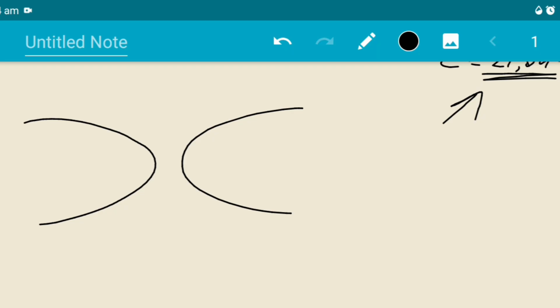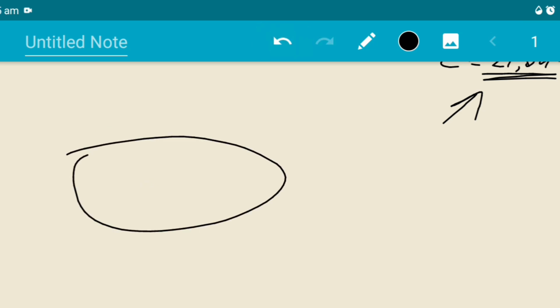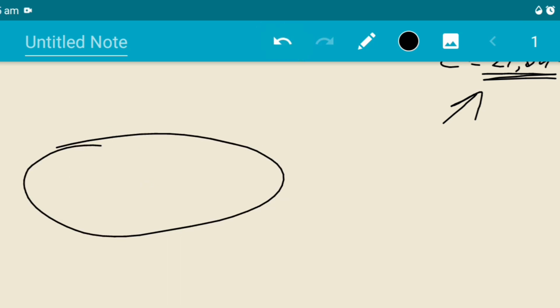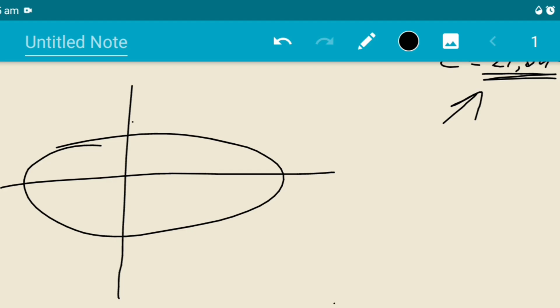So how do you come up with the equation of a hyperbola? Just as we discussed, if you have, let's see, this here is your shape, your conic section.